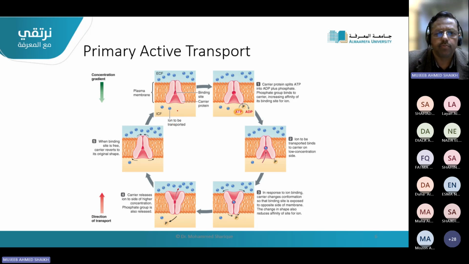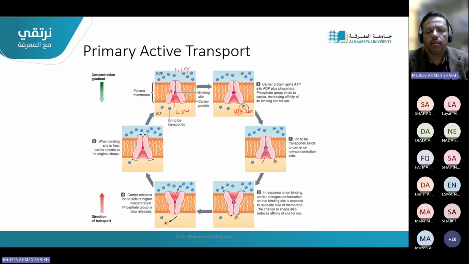The ion to be transported is present in the intracellular fluid. Once it binds, because you see here more ions are outside, so high concentration is outside and low inside, but still it is moving from lower to higher concentration. What is happening here?